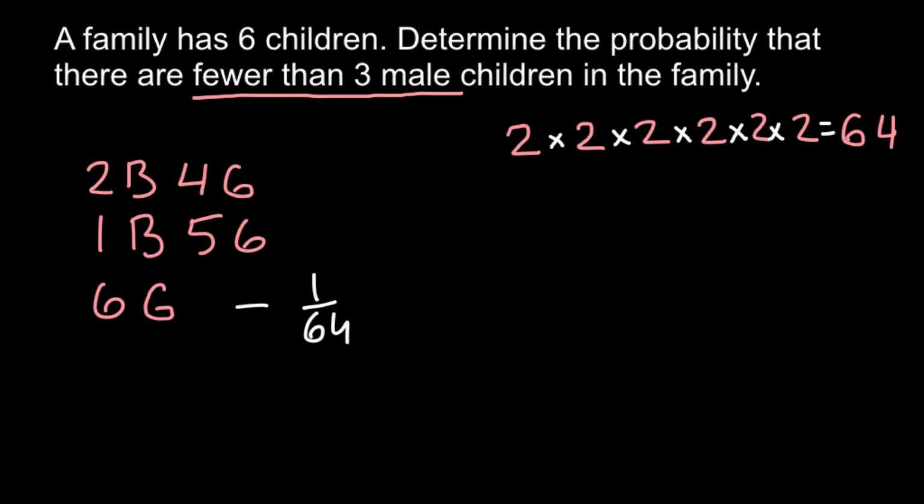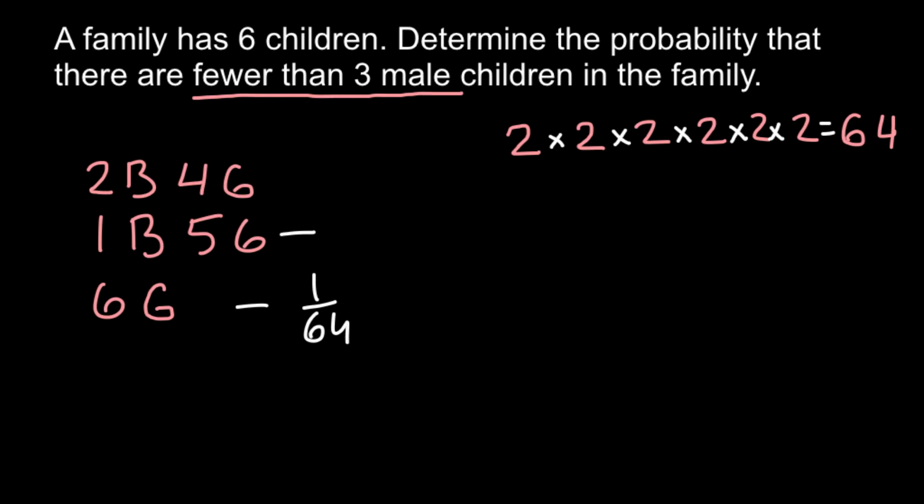We can also easily say that the number of combinations to have 1 boy and 5 girls would equal 6. So the first child can be a boy, and then we can have 5 girls. Second combination, the second child would be a boy and the rest would be girls. Third combination would be that the third child would be a boy. Fourth combination, the fourth child would be a boy.